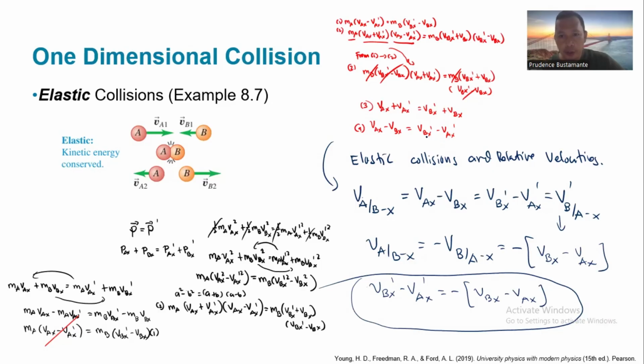And this one is just the final velocity of B with respect to A. Since in our discussion of relative velocity this is equal to the negative of the velocity of B with respect to A, therefore this one is equal to this one, which states that the final velocity of B relative to A is equal to the negative of the initial velocity of A relative to B.